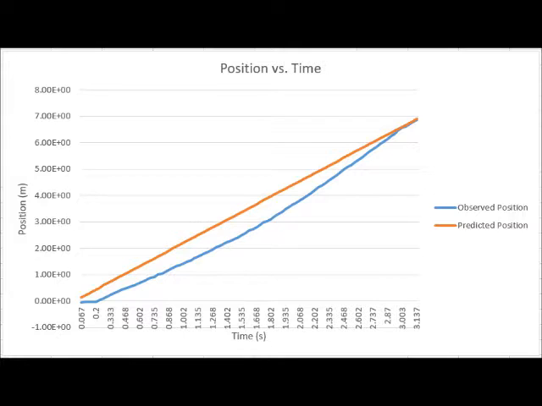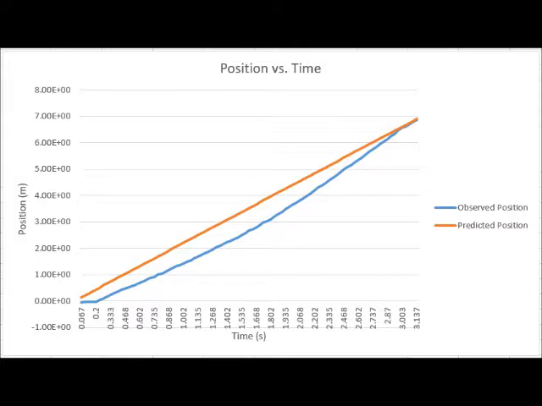This showed that the predicted position versus time data was linear, while the observed position versus time data was more curved. A big reason that the observed data was different was that some of the beginning data points were before the ball had moved, so the start of the line was more horizontal.